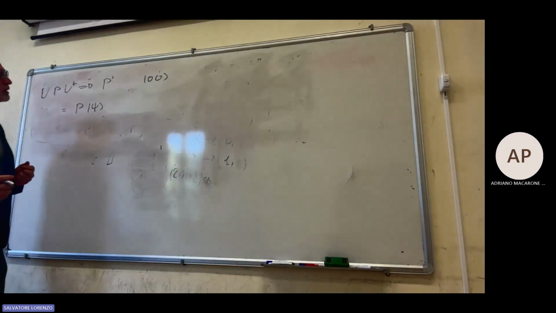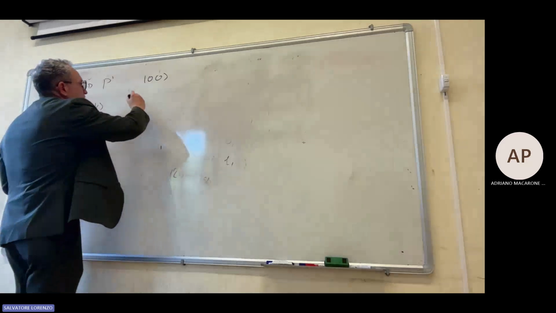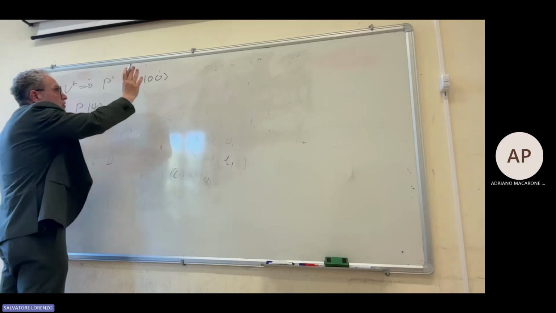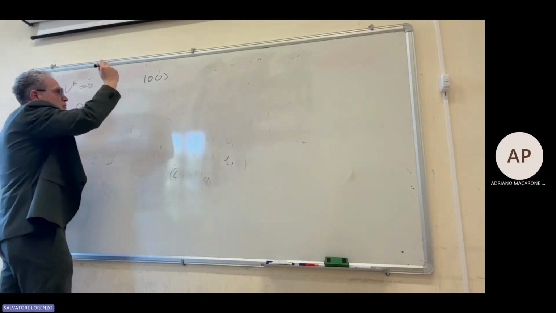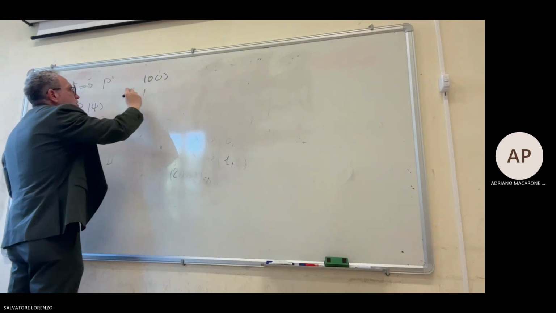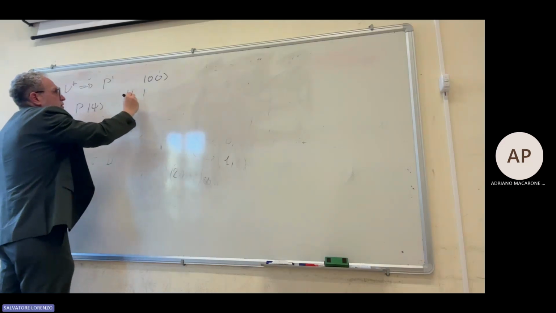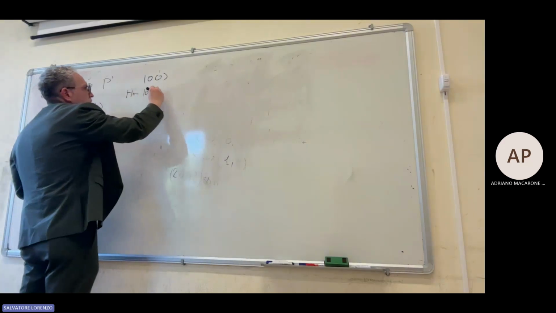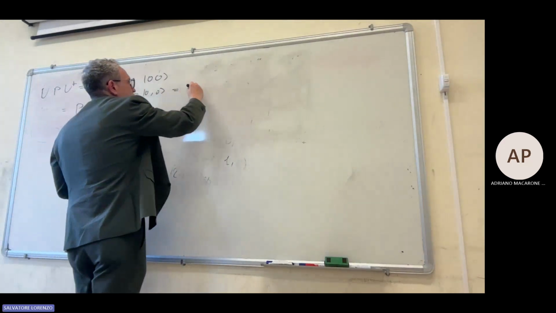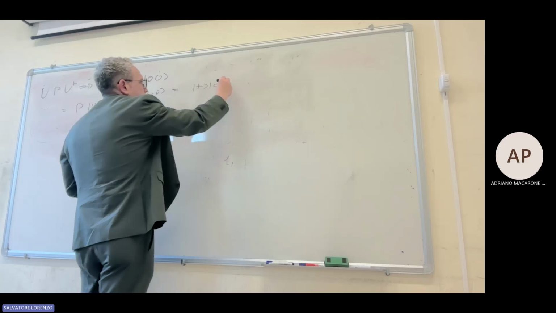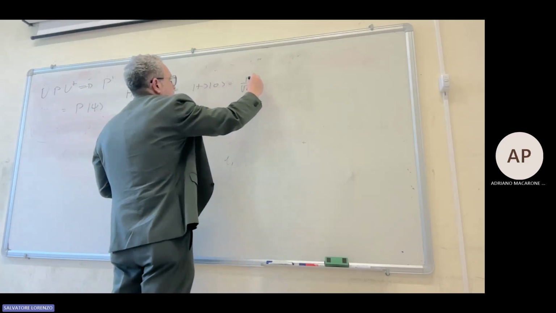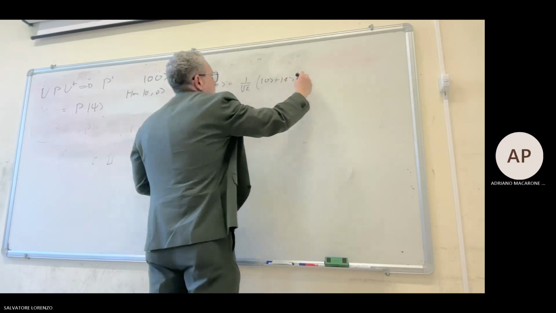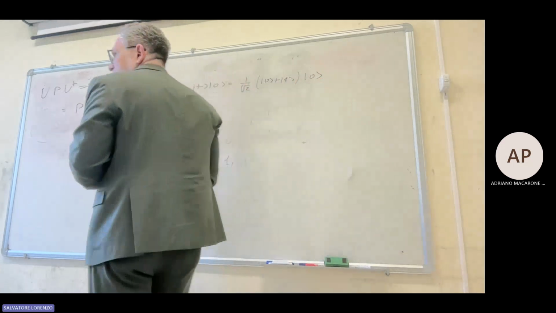First, we apply a Hadamard gate on the first qubit. Applied on the state 0, 0, it gives us the state plus 0, that is, 1 over square root of 2, (0 plus 1) times 0. Then we apply a CNOT gate.